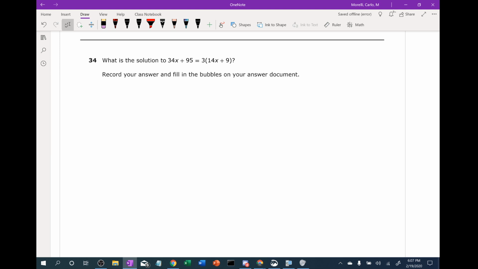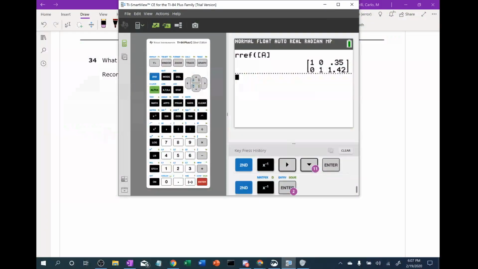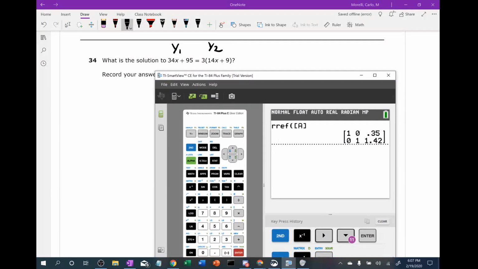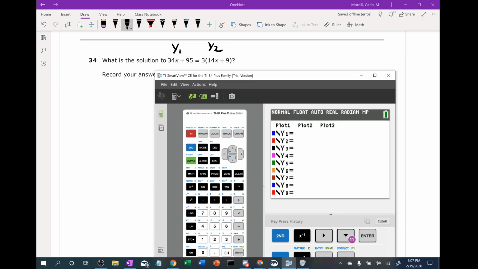So, this question is very easy. This references, you put this left side in Y1 and you put the right side in Y2. You know, we say don't be a hero, let the calculator solve it for you. Put the right side in Y1, 34x plus 95.